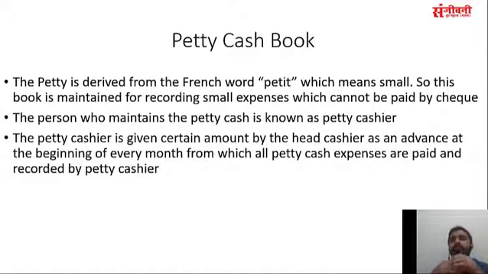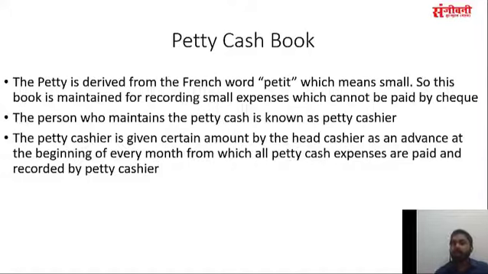Whatever normal expenses there are, they are called miscellaneous expenses. And if you have printing, whatever expenses are recorded on a regular basis, a separate column will be maintained by the petty cashier. We will do the sums on that, and at that time it will be clear what petty cash actually is. Petty cash is derived from the French word petit, which means small. So this book is maintained by recording small expenses which cannot be paid by check.